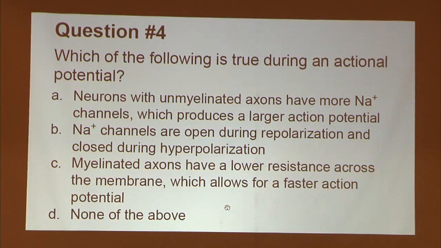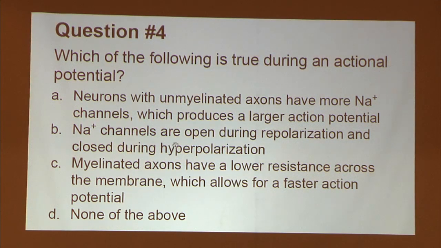C says myelinated axons have a lower resistance across the membrane, which allows for a faster action potential. Parts of that are true. Myelinated axons do allow for a faster action potential, so it goes down quicker, but they don't have lower resistance across the membrane. They have a higher resistance across the membrane, so things don't leak out.